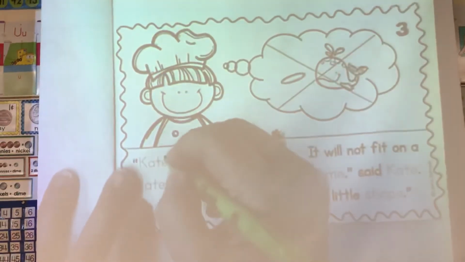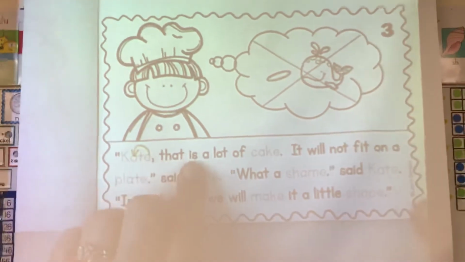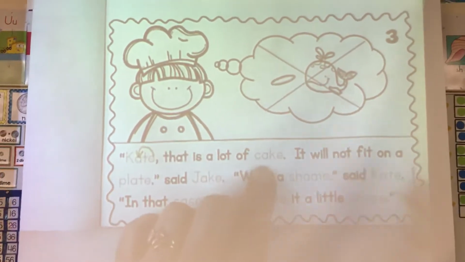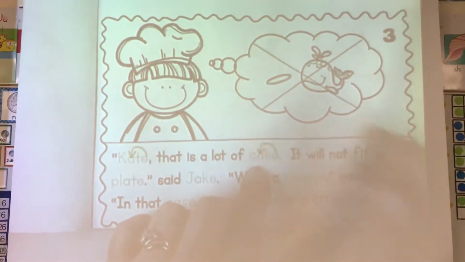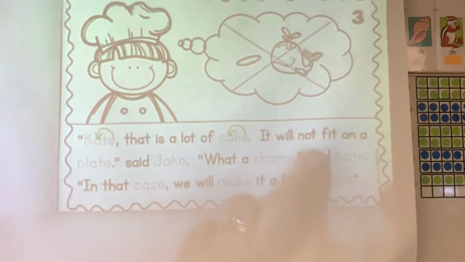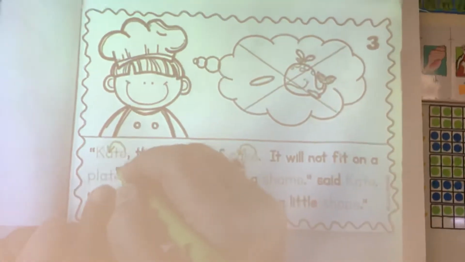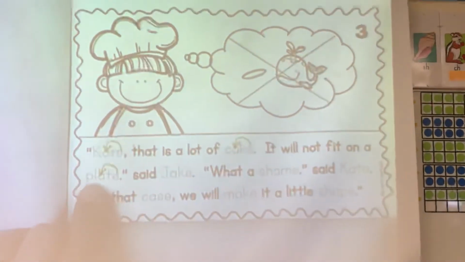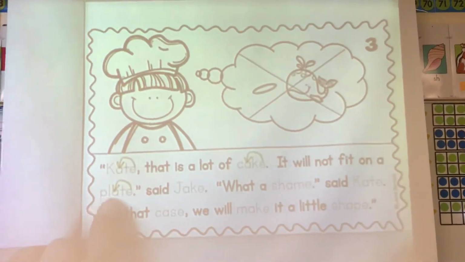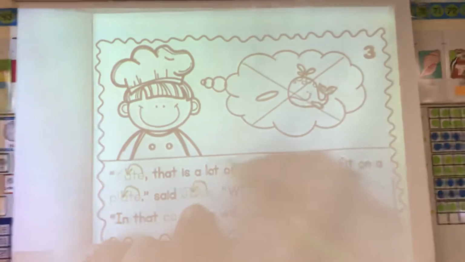You should know this word already. Draw an arrow. Kate, that is a lot of... Draw an arrow. Cake. It will not fit on a... Plate, said Jake.